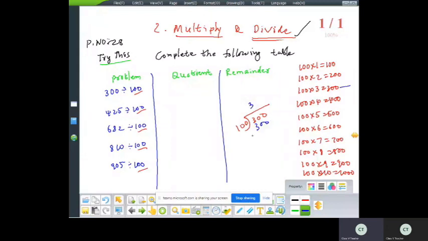300 minus 300 is 0. Here, this is called the quotient. Quotient is 3, remainder is 0.